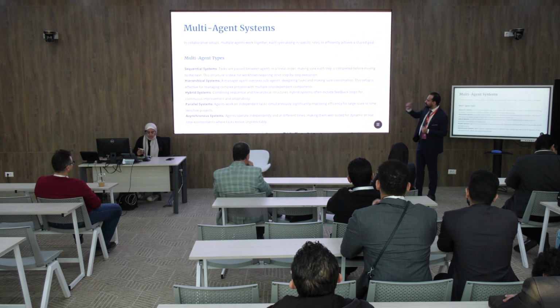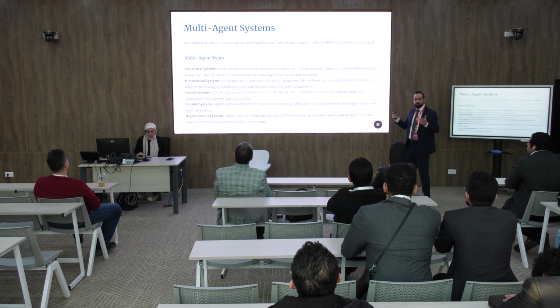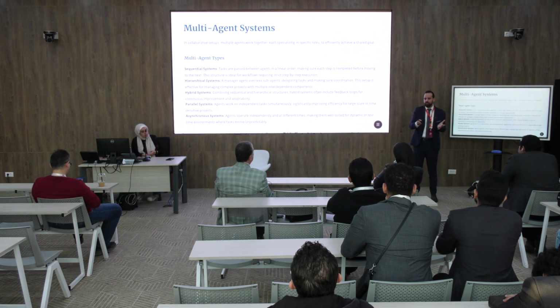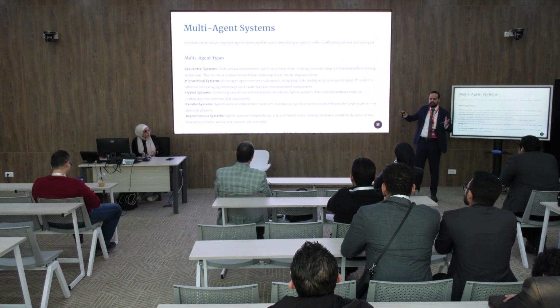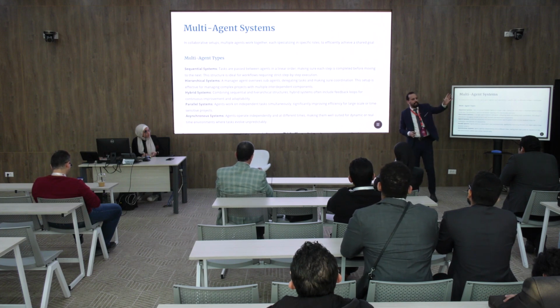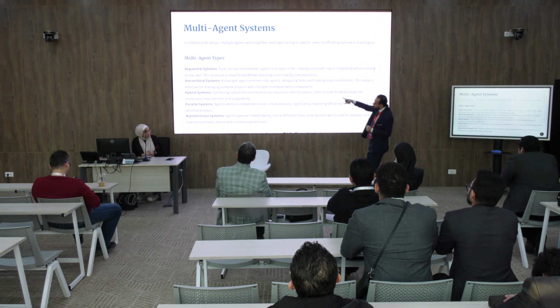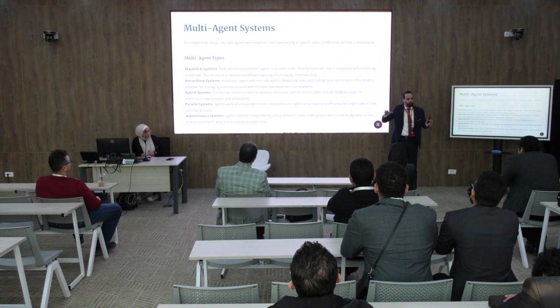Okay, we'll not delve deep into this, but this is how you can position the multiple agents that you have. If you are in a software development and decided to use a waterfall approach, then maybe you can have a sequential system where first you have the planning agent, then the development, and so on and so forth. The second and third one are the most commonly used, a hierarchical system, where you have an agent. It is like the manager of agents.